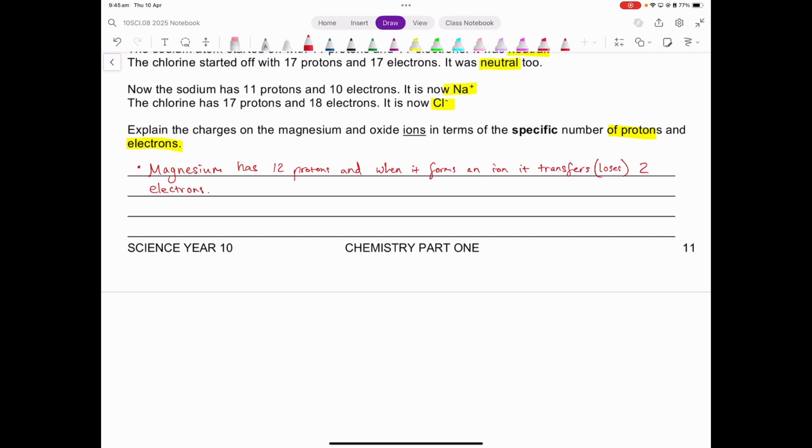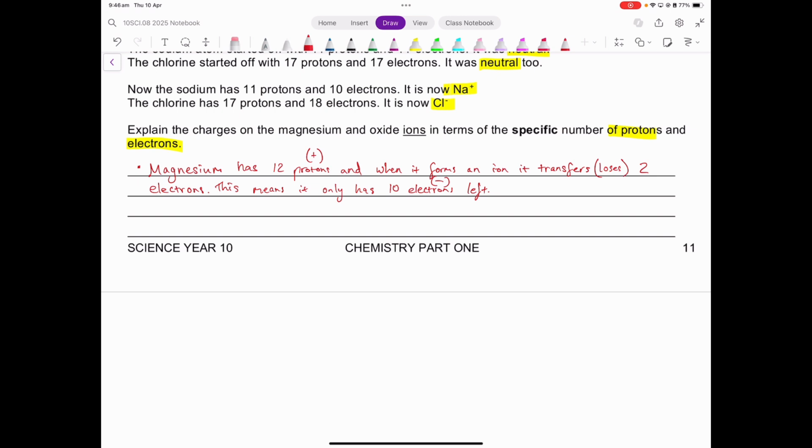Okay. This means it only has 10 electrons left. So what is the charge of magnesium then? If I have 12 protons, 12 positives, and 10 electrons, 10 negatives, it'll be 12 take away 10 gives... So positive or -2 though? +2. 12 plus, 10 minus. 10 of the minus will cancel out 10 of the plus.